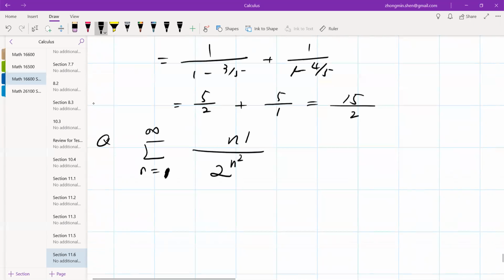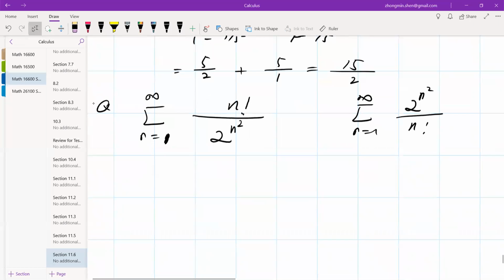Maybe I put factorial here. Now compare these two. The only difference here is n factorial versus 2 to the n squared. Sometimes you can write it in this form or this. Is it convergent? Yes, yes.